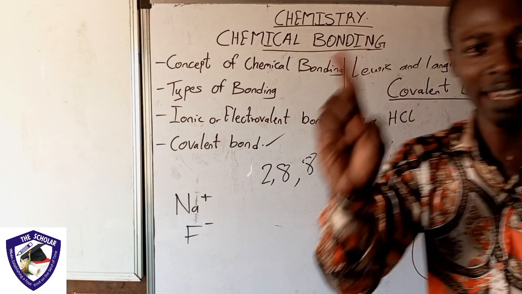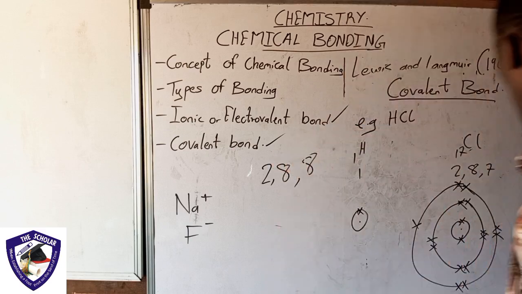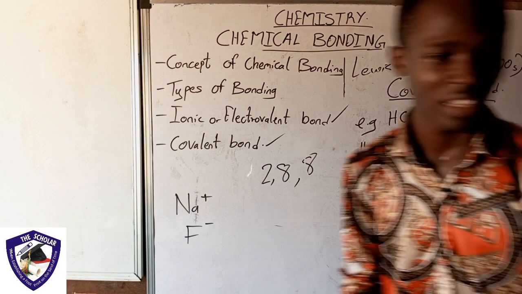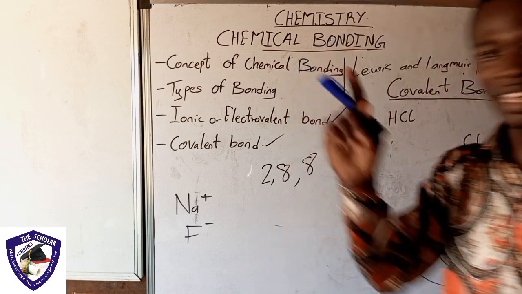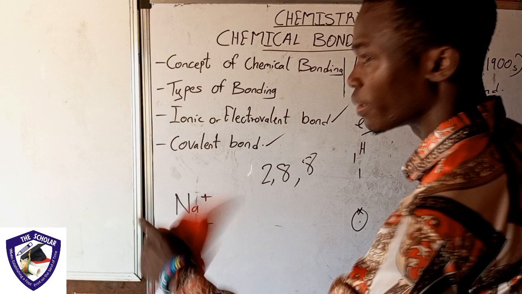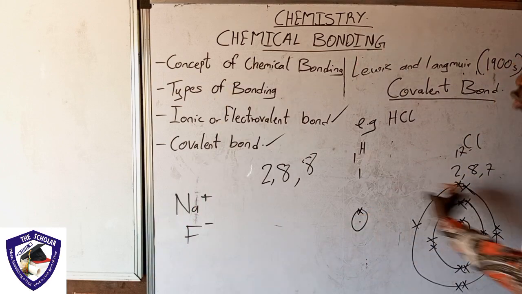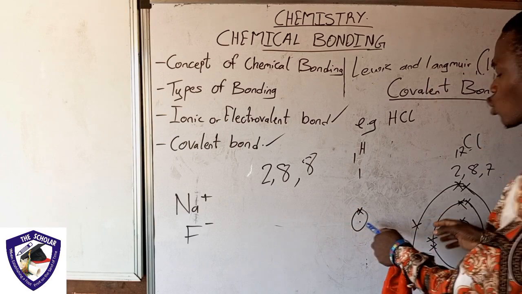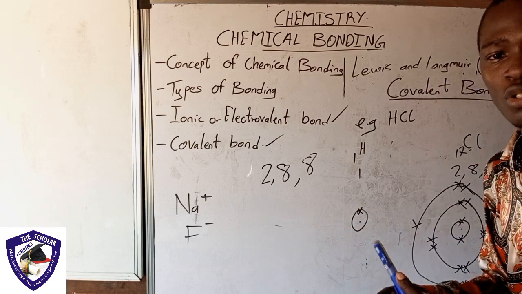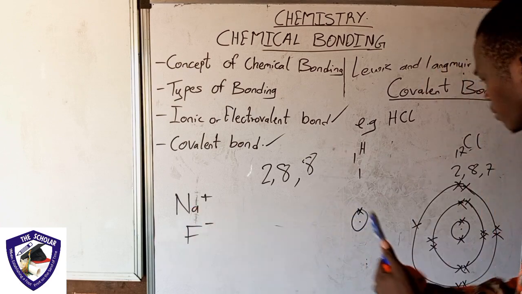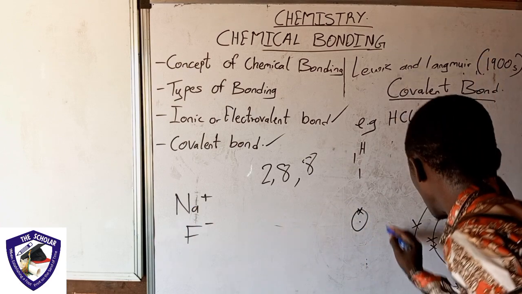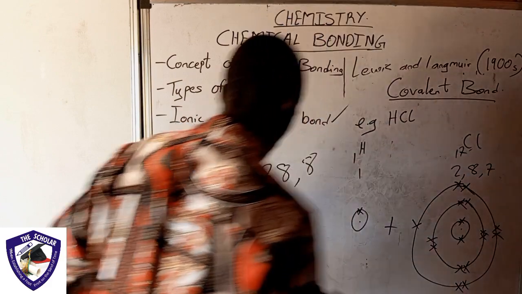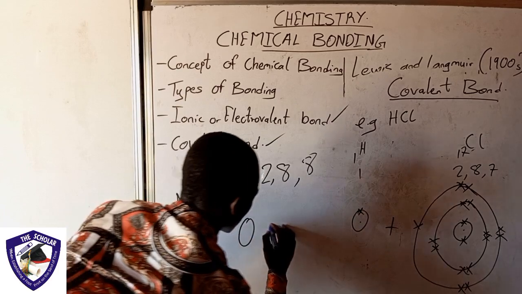While chlorine here has 7 electrons in the outermost shell, and it needs 1 electron to complete its octet configuration. So in covalent bonding, mostly between non-metals, the 2 elements will come together to form a bond by sharing electrons together. This will come with this together. So we have this.